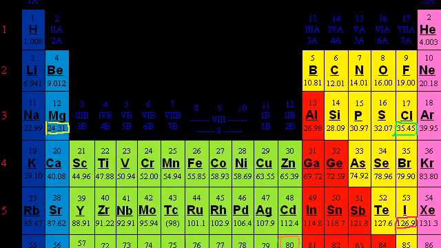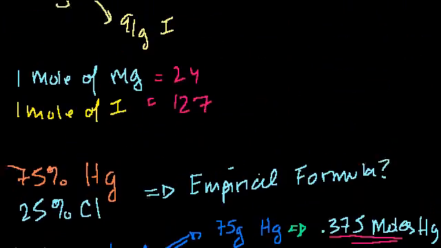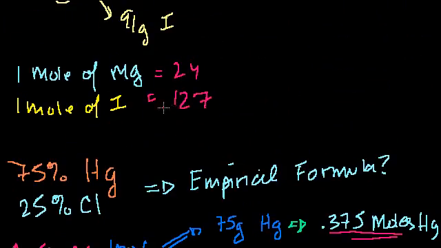So what was it? Magnesium, 24. One atom of iodine has a mass of 127 atomic mass units. So a whole mole of it, 6.02 times 10 to the 23 iodine atoms, will have a mass of 127 grams. You just take the atomic mass and say the mass will be that many grams when you have this many atoms. And 1 mole of magnesium will be 24 grams.